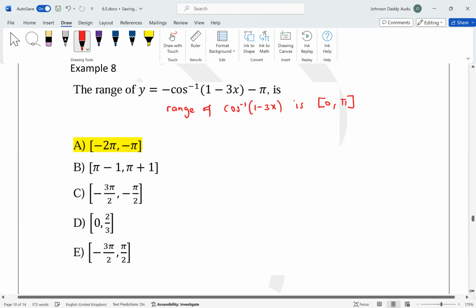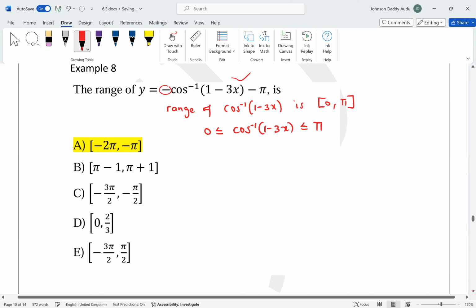So what does that mean? Remember, we're using the range now, not the domain. The range means the value of y, right? So the whole of this is true, and we have to use this to create the function that we have. The first thing we do is multiply both sides by minus, because we have a minus here.